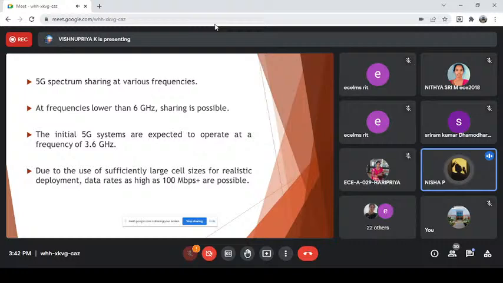At frequencies lower than 6 GHz, sharing is possible. The initial 5G systems are expected to operate at a frequency of 3.6 GHz. Due to the use of sufficiently large cell size for realistic deployment, data rates as high as 100 MHz are possible.